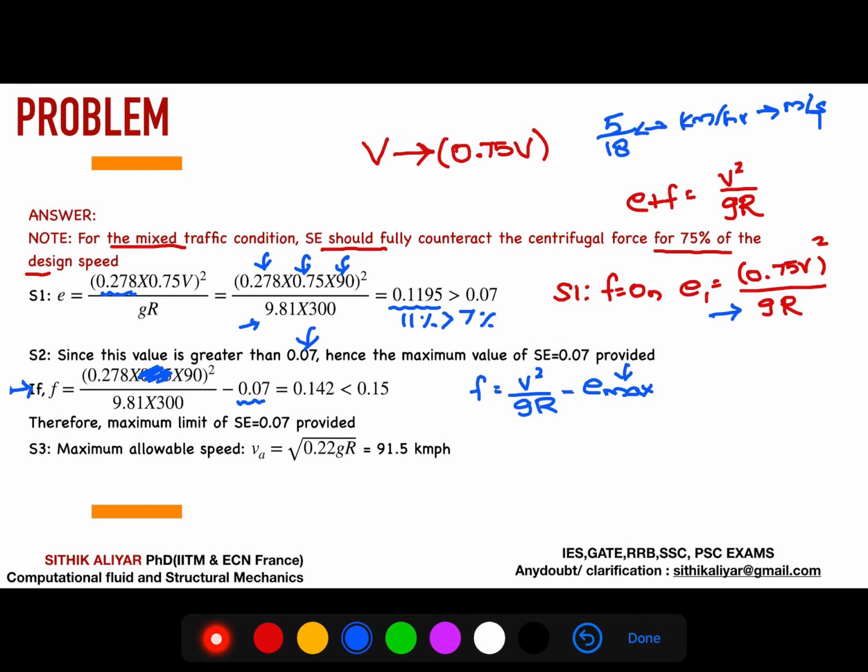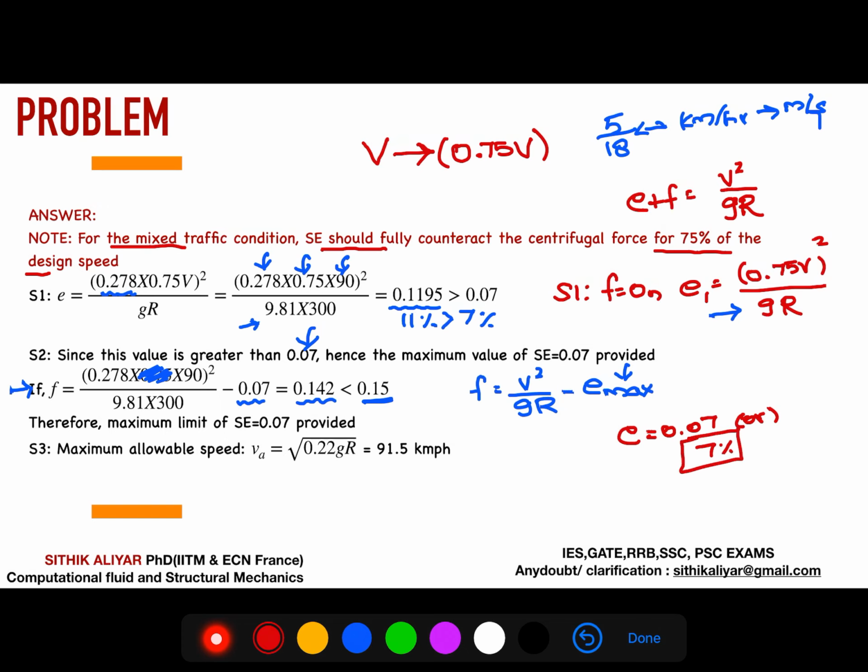So if you take 0.278, the conversion from kilometer per hour to meter per second, into 90, divided by 9.81 into R, where the radius is 300, you get a friction of 0.142. This is obviously less than 0.15, hence you can provide the super elevation of 0.07 or 7%, which is the maximum value, and anyhow we got this as an answer. I hope I made this clear.